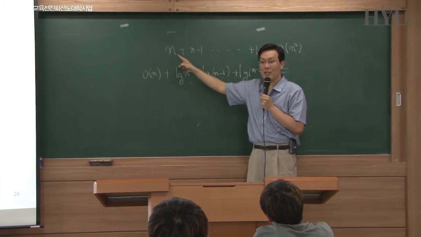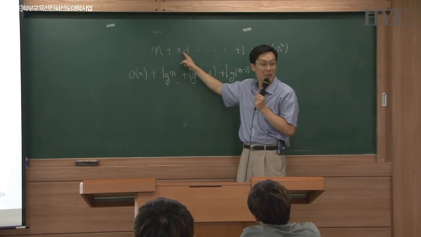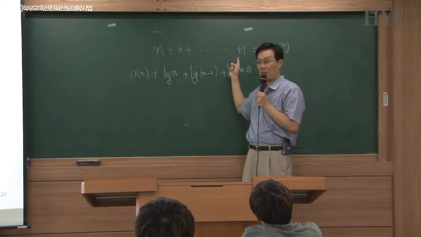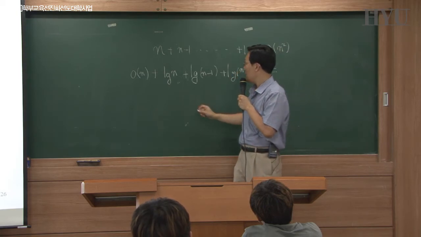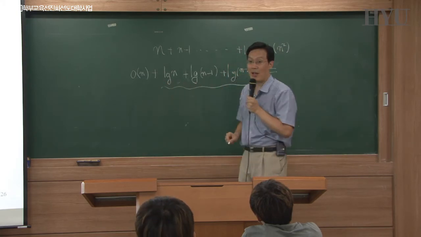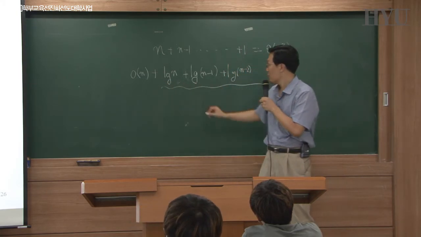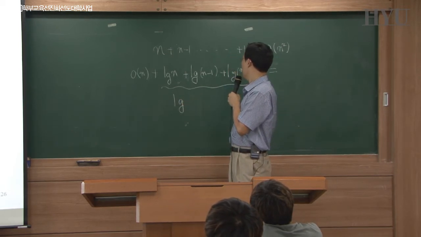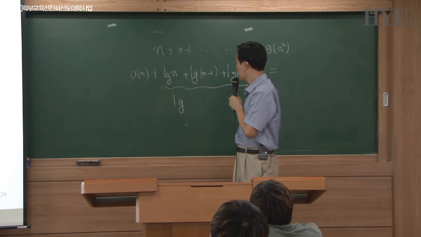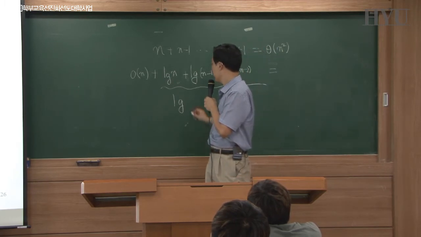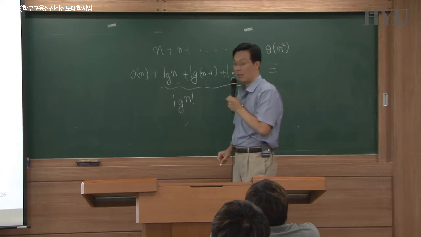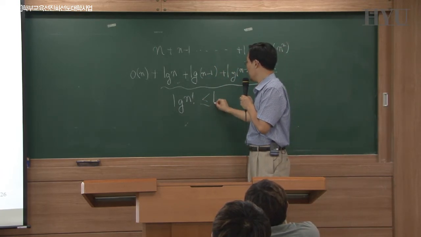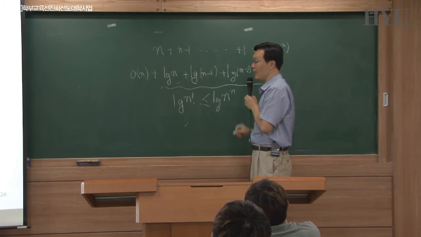So n is converted to log n minus 1 is converted to log n minus 1. And we have to add all these terms. A simple formula is, it is log n factorial, and it's smaller than log n to the n.